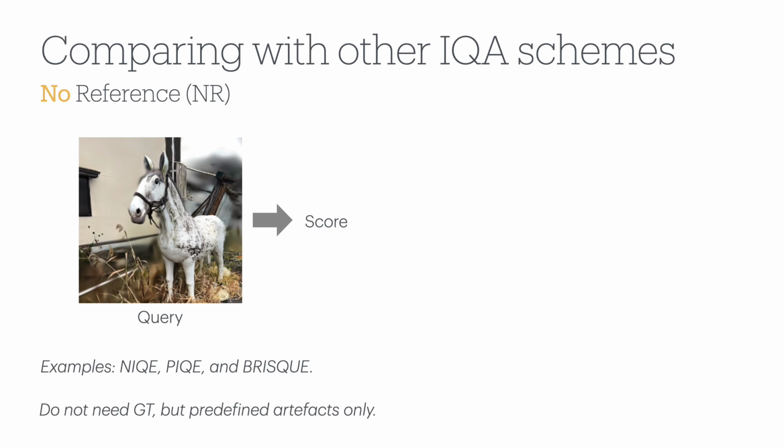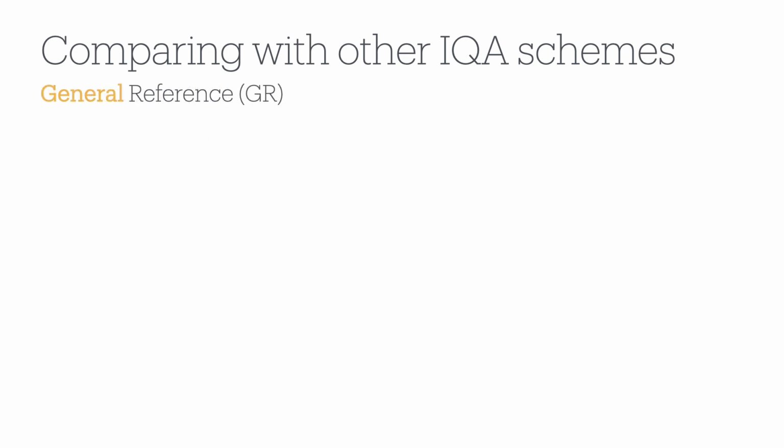These methods do not need a ground truth to evaluate an image, but they are limited to predefined artifacts, for example, image blur or JPEG compression artifacts. In novel view synthesis applications, there are more complex artifacts that do not belong to those predefined categories. So those no reference methods are rarely used in evaluating novel view synthesis methods such as NeRF or Gaussian splatting.